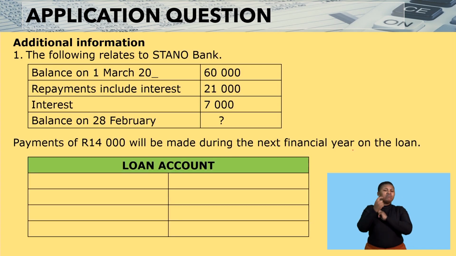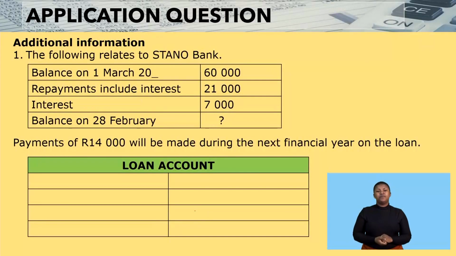This will be very easy. There might be no reason to open a loan account, but to reinforce the loan account, we'll do the loan account first. Then I'll show you again what you could have done. So the loan account is a liability account, it increases on the credit side and it decreases on the debit side.